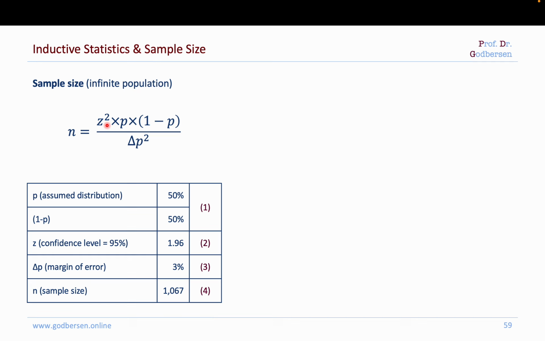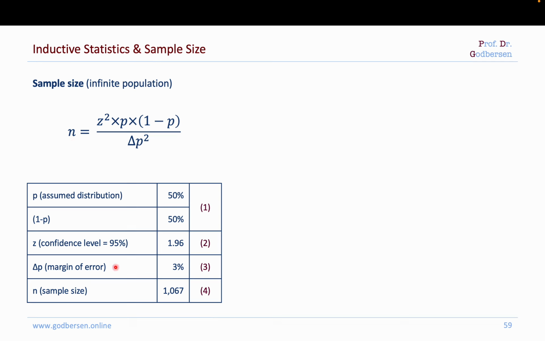If you want a higher probability that your sample values match the true values in the population, you can go higher to 99%, but then the z value goes up. And since the z value is in the numerator, if that goes up, n, the sample size, goes up. That means for a higher confidence level, I buy myself through more participants.